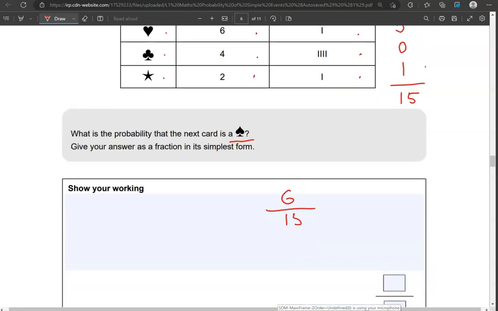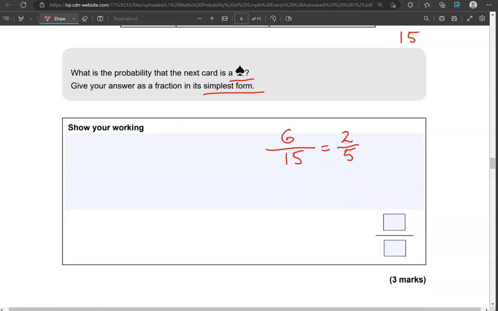So 6 15ths. And we need to write this in its simplest form. We can divide both numbers by 3. 6 divided by 3 gives us 2. 15 divided by 3 gives us 5. So 2/5 would be the answer.